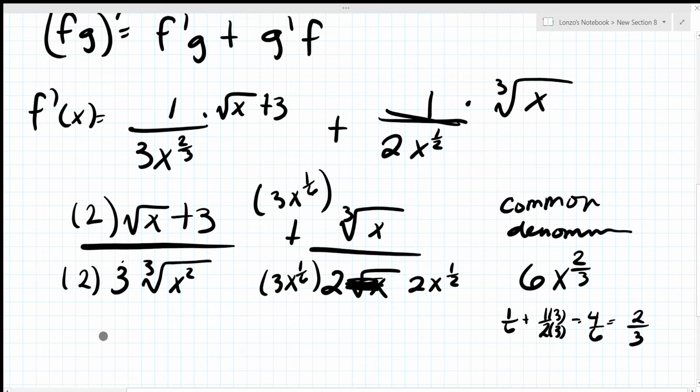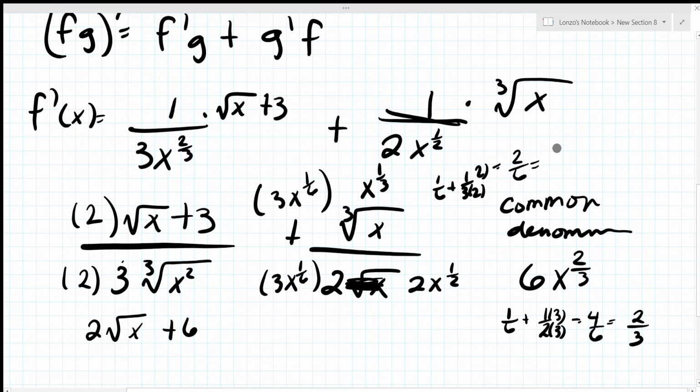So the numerator is going to be 2 square root of x plus 6, right? Now, when you multiply this, I can rewrite cube root of x as x to the 1/3. So when you're multiplying exponents, you're adding. So 1/6 plus 1/3, get a common denominator of 6, so multiply this by 2. So this is going to be 2 over 6.